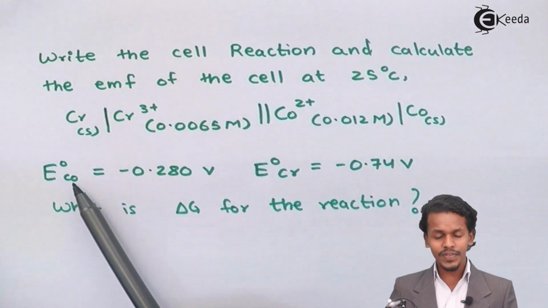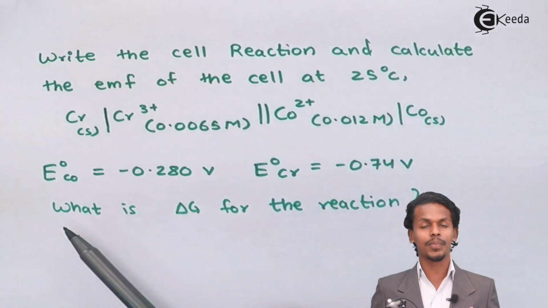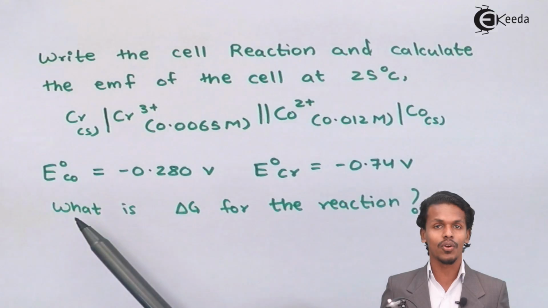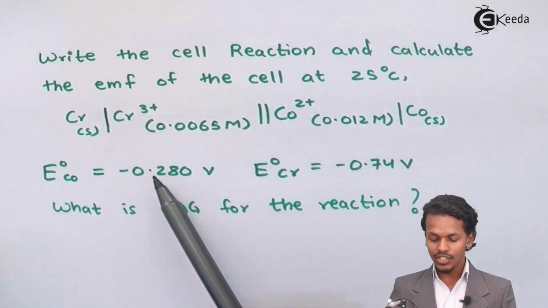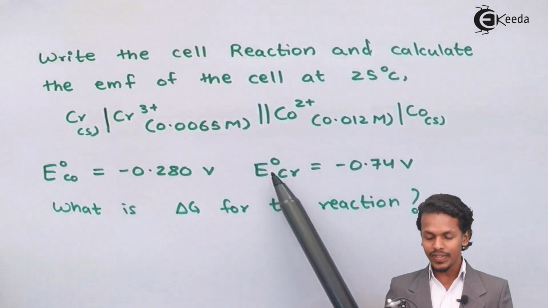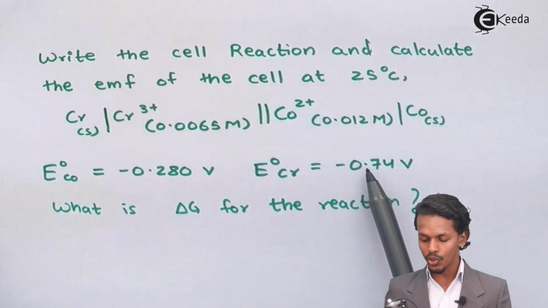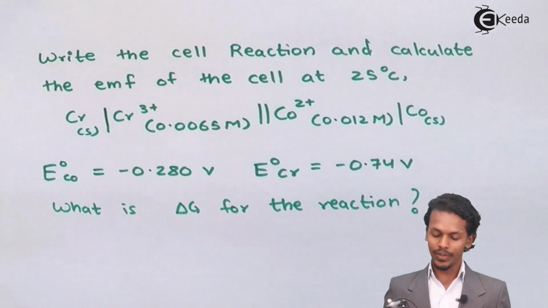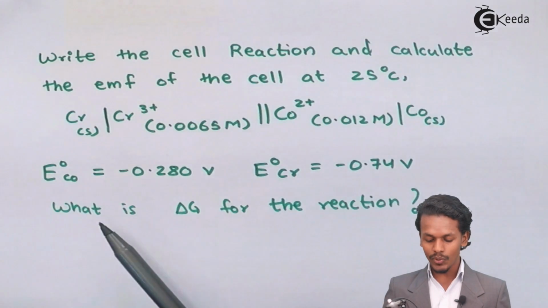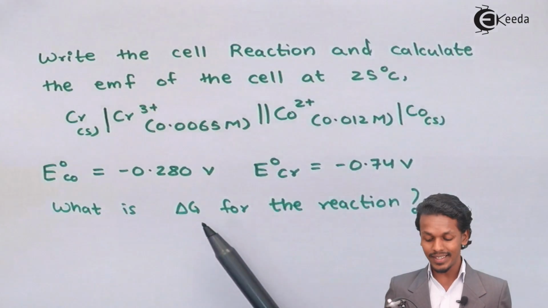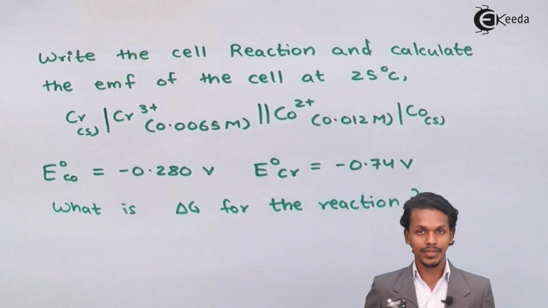So the E0 of Co, that is the standard electrode potential, is given as minus 0.280 volt, while the standard electrode potential of chromium is given as minus 0.74 volt. And from that we also have to calculate what will be the delta G for the reaction.